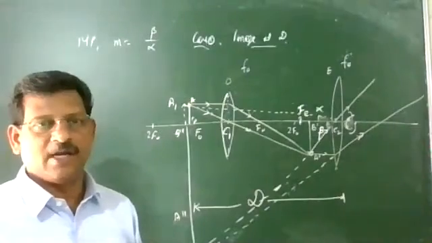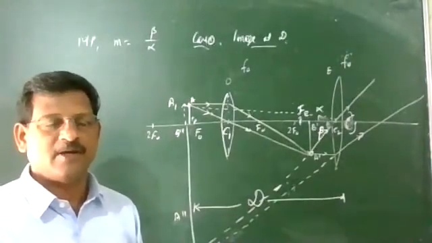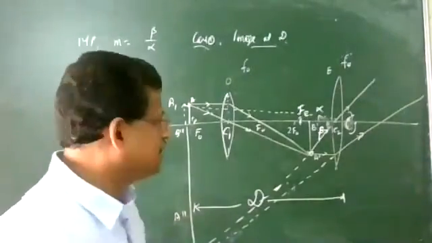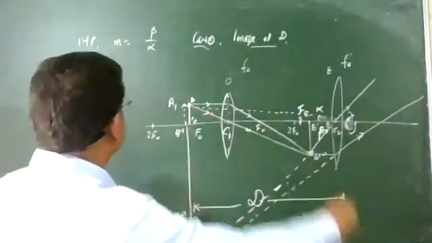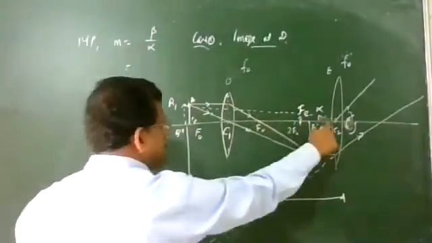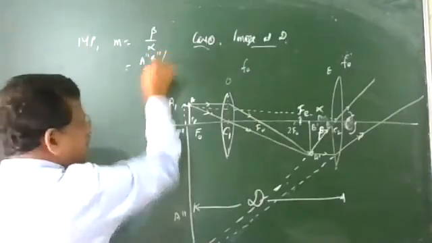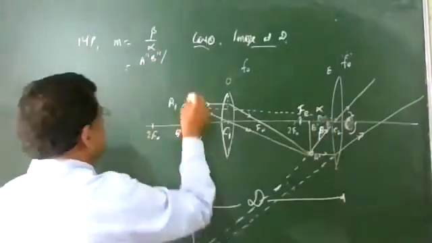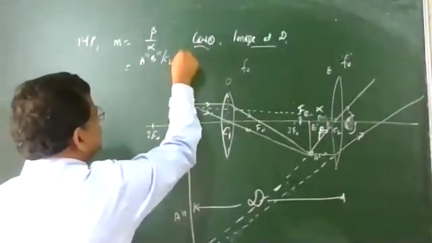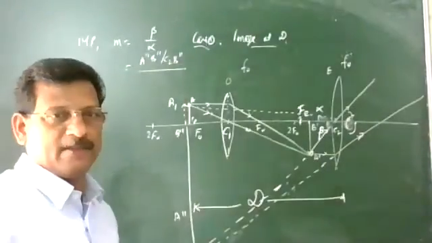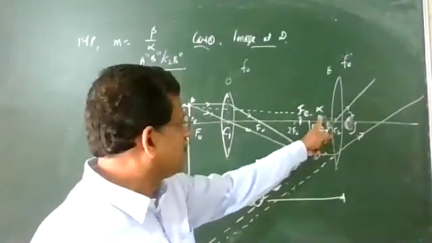Now, beta by alpha can be calculated from tan alpha and tan beta. So tan beta is taken from the triangle. So I am writing here: tan beta from this triangle is A double dash B double dash divided by its horizontal side, that is C2 B double dash. What is tan alpha? Look, tan alpha is this angle.